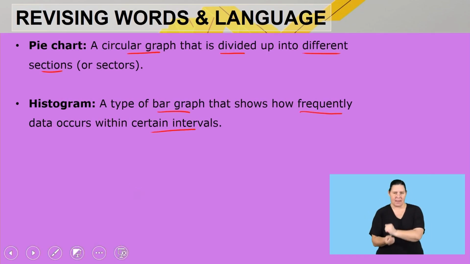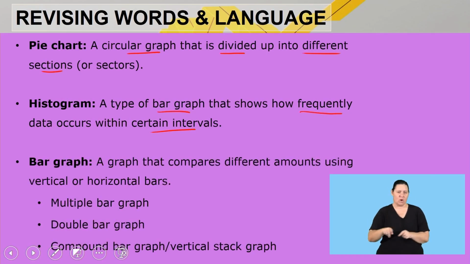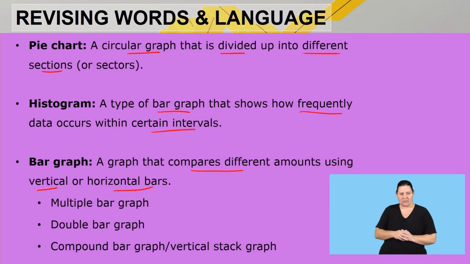Then when we look at bar graphs, a bar graph compares different amounts using either vertical or horizontal bars. We can then distinguish between a multiple bar graph, double bar graph, compound bar graph, or vertical stack graph for that matter.